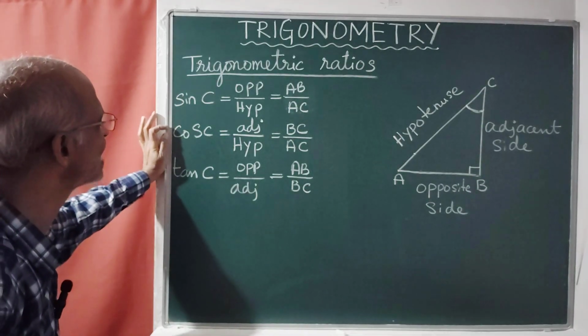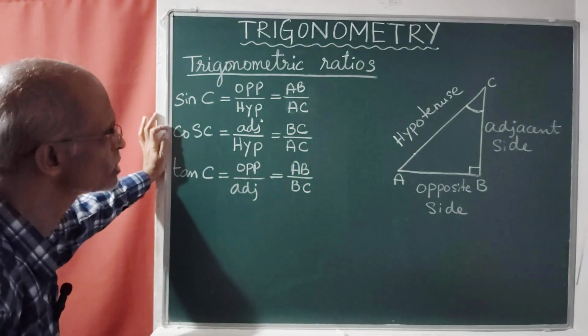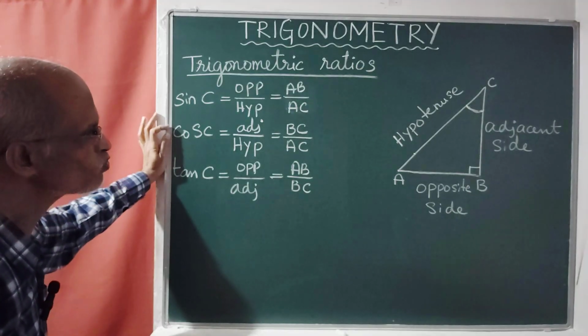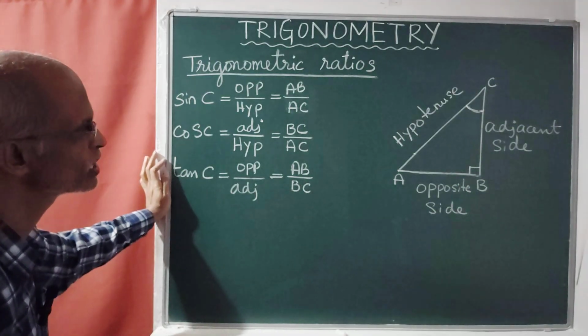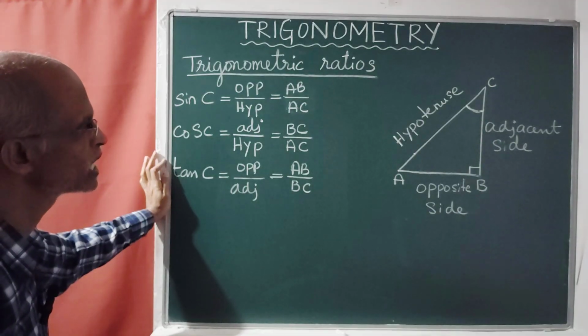Cos C is adjacent by hypotenuse, BC by AC. Tan C is opposite by adjacent, that is AB by BC.